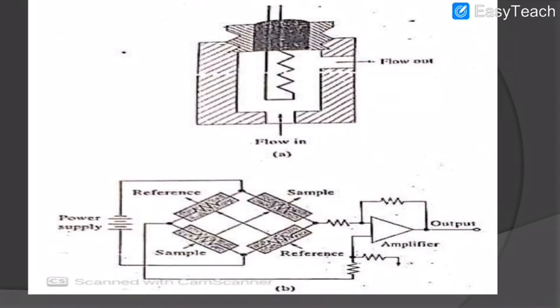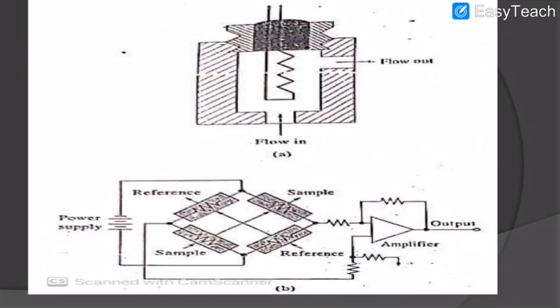So long as there is no temperature difference between the sample and the reference, there will be zero difference in the resistance. But if there is a temperature difference between the sample wire and the reference wire, then there will be some resistance difference and some potential is produced, and that output is measured.